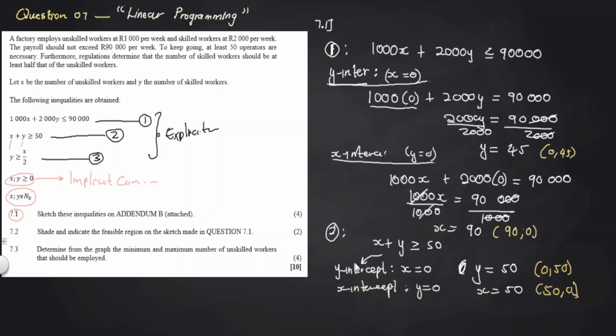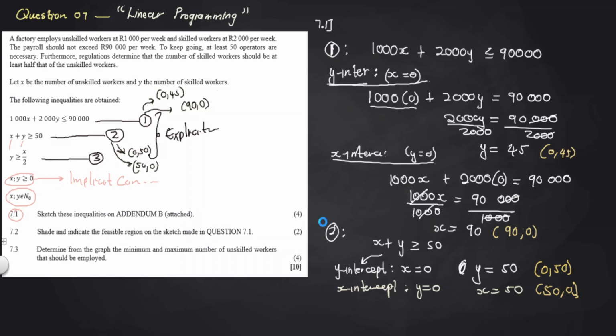I'm going to write down these coordinates. For number one, 0 and 45 is the y-intercept, and 90 and 0 is the x-intercept. Done for the first one. And for the second one, it's 0 and 50, no, 50 and 0.